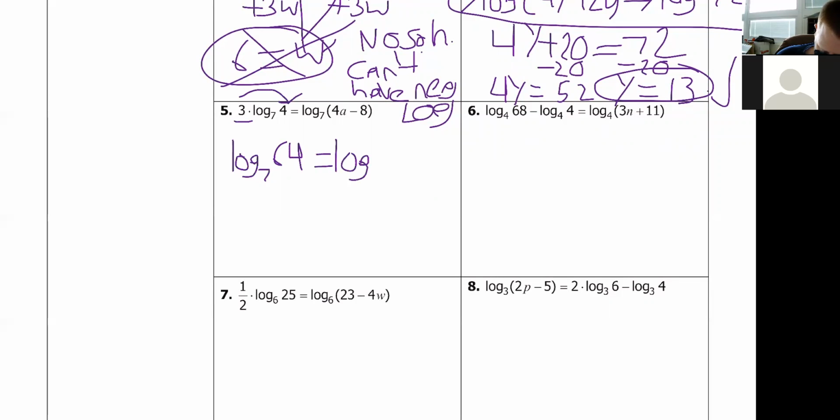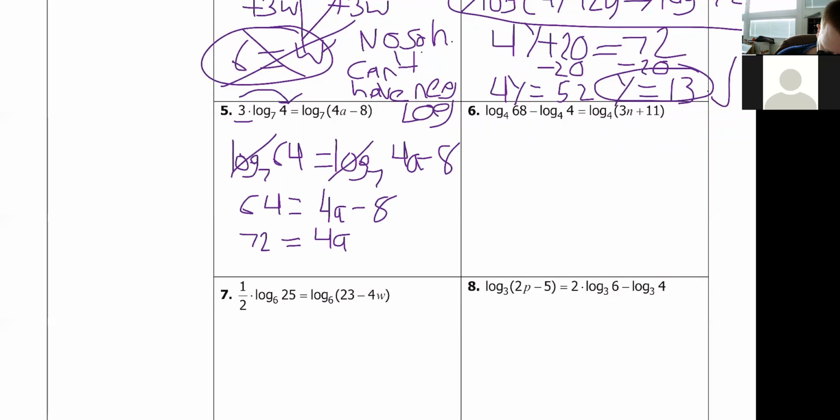Then you can get rid of your logs and solve this basic equation because you have the same base on both sides. Then just solve what you got. So add the 8, that would be 72. Divide by 4, you would get 18.